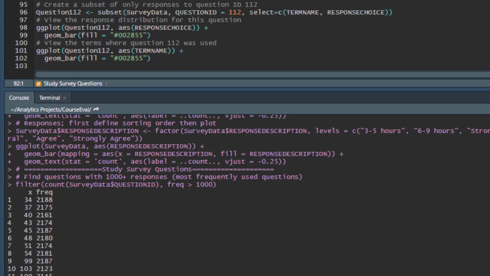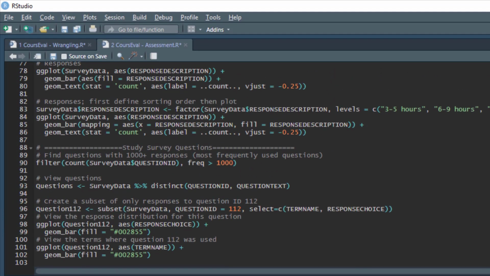So then let's take a look at these questions so that we can understand what the question text is. We want to look at only distinct question IDs and the question text. We could make a mental note, or write these question IDs down.